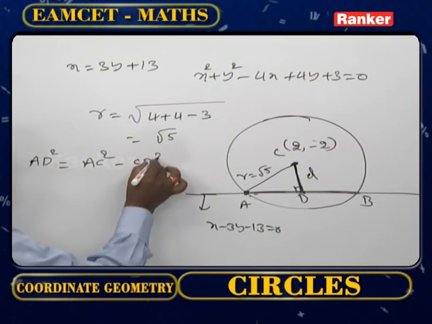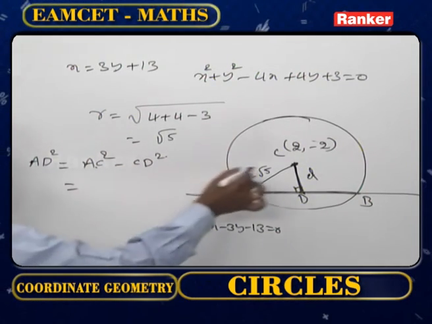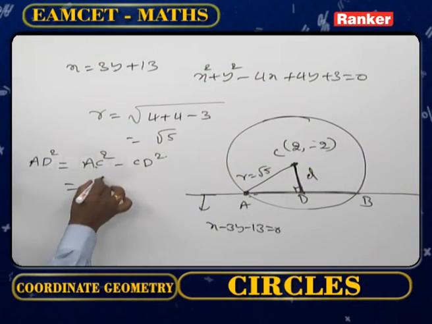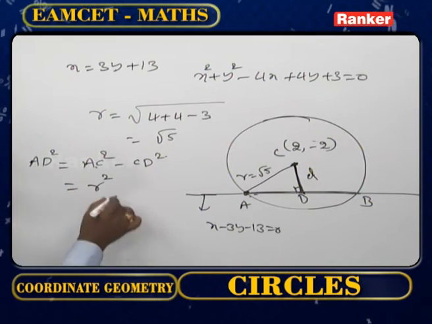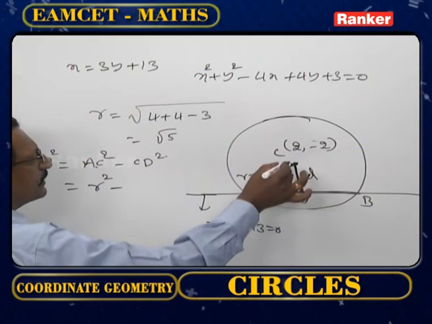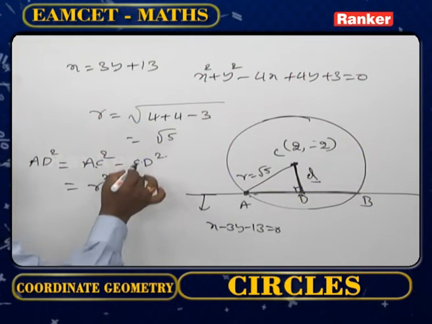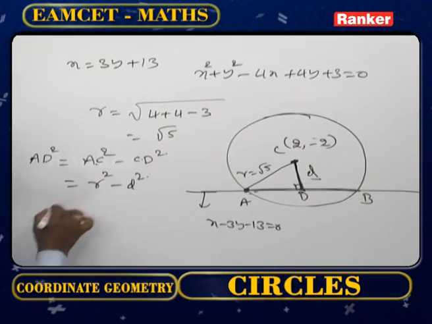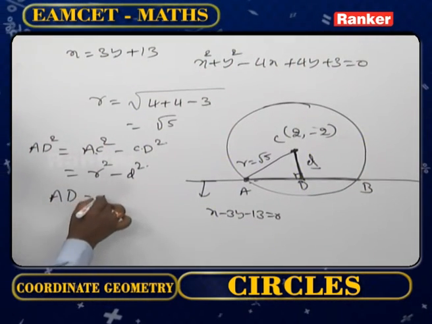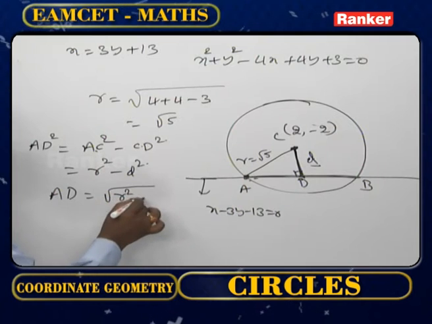Here AC is nothing but the radius of the circle, so AC square equals R square, and CD is the perpendicular distance from center to the chord, d, so CD square equals d square. Now, AD equals square root of R square minus d square.